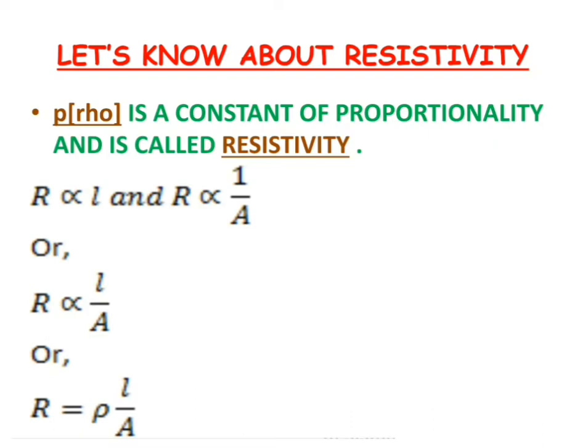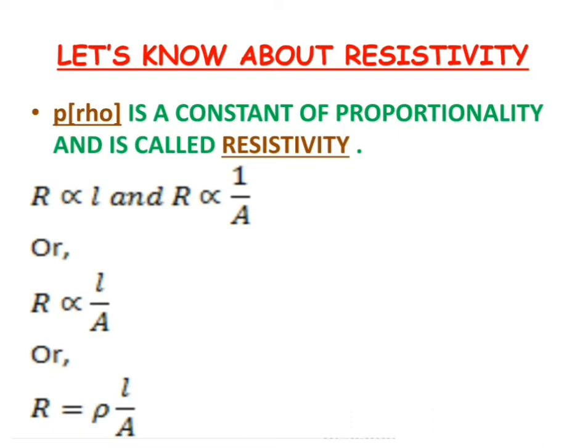And from the second equation we can conclude that R, that is resistance, is inversely proportional to area. So from both these equations we can write that R is proportional to L upon A, that is length upon area of cross section of the wire.